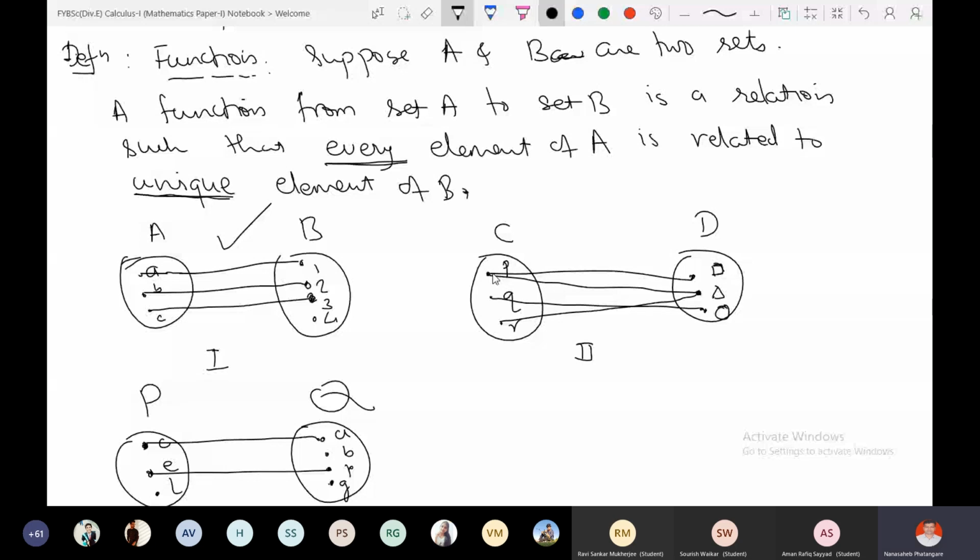P is related to two different objects, square as well as triangle. So uniqueness fails. That P and R are related to the same object is not an issue. But the issue is every element is related but not unique. So unique fails. So this is not a function.